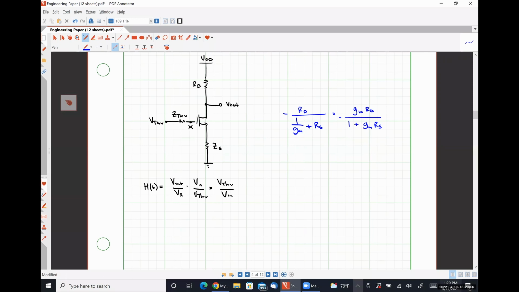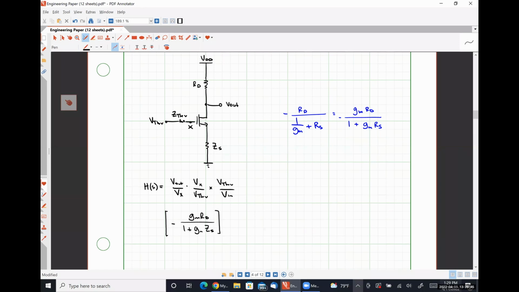Okay. So all I'm going to do is use this equation, which we derived back in 335, and make the only change that I need to make, which is to replace RS with ZS. So Vout over Vx looks like negative GM RD divided by 1 plus GM ZS.